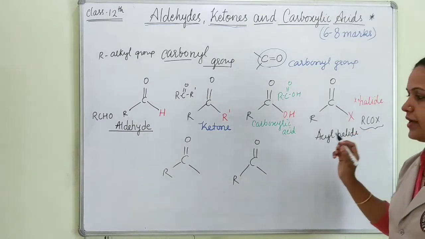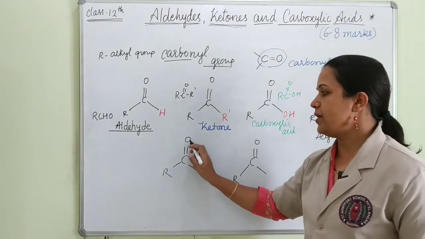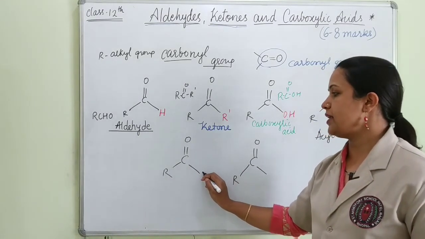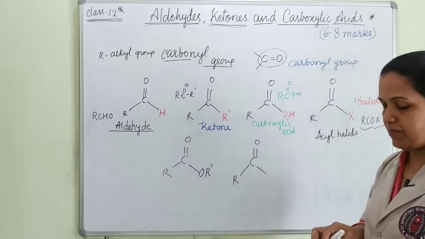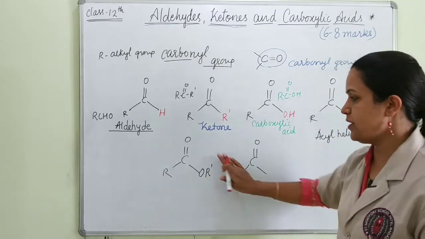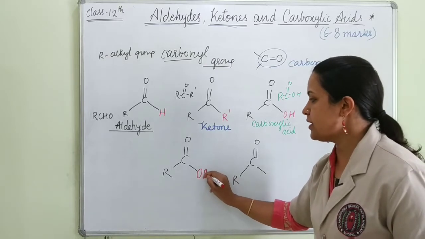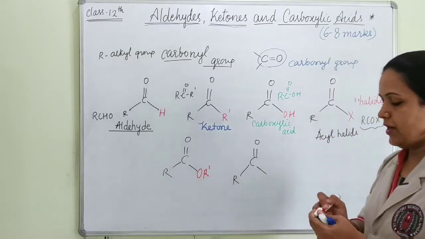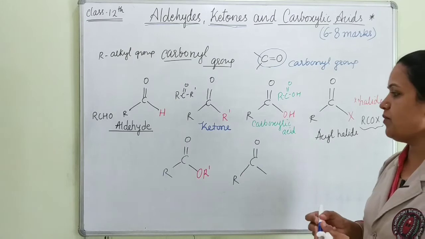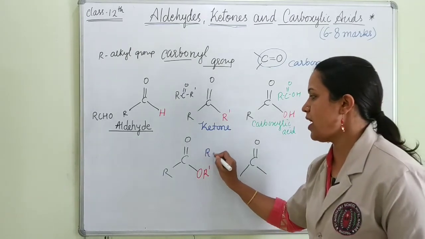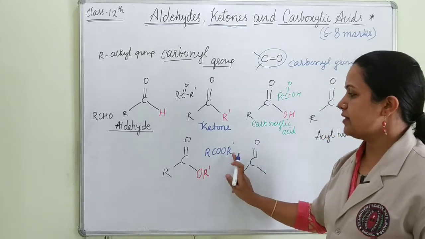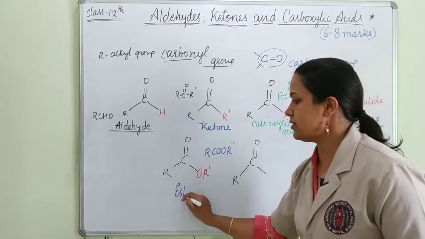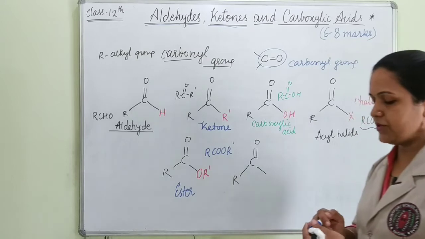Now let's write down the next one. If we have R double bond O, and here I write OR', the formula is RCOOR', and this is known as the ester functional group.